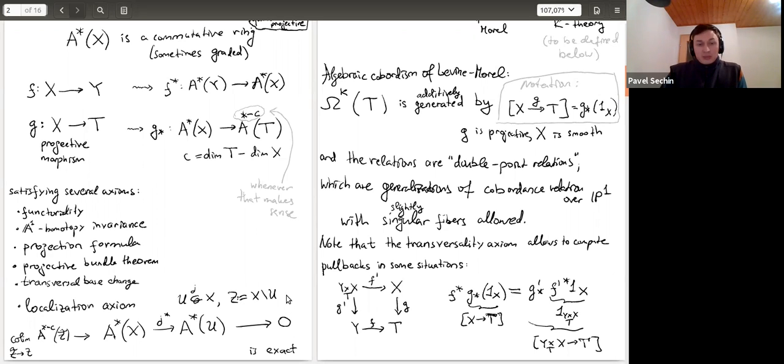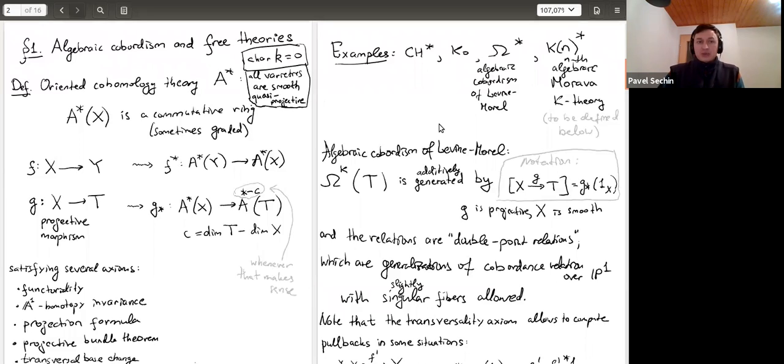And again, I hope that this is a well-known property for most of the audience for the well-known cohomology theories. Examples of such oriented cohomology theories are the Chow groups and K0. What we're going to discuss now is the algebraic cobordism of Levine-Morel.